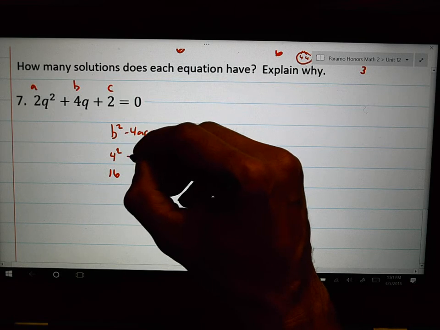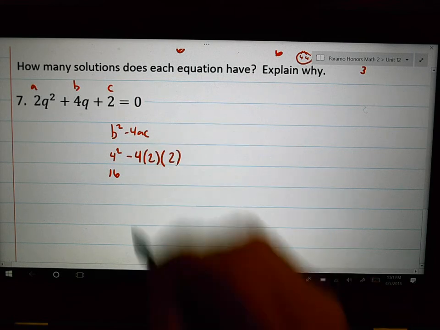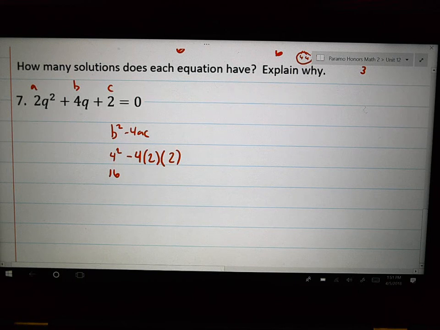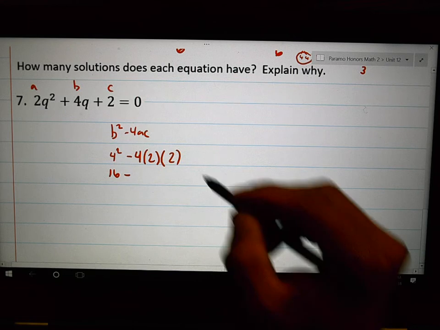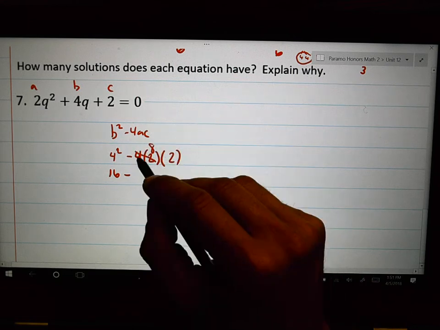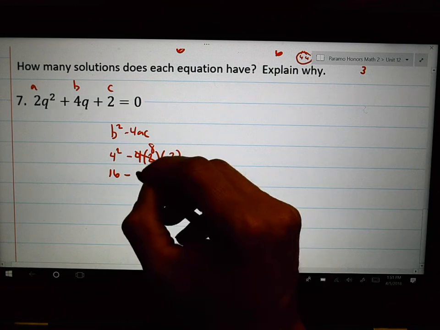Minus 4 times a times c. Keep your order of operations going. Make sure you multiply before you do any addition or subtraction. 4 times 2 is 8. It does not distribute. You only multiply left to right. 4 times 2 is 8. 8 times 2 is 16.